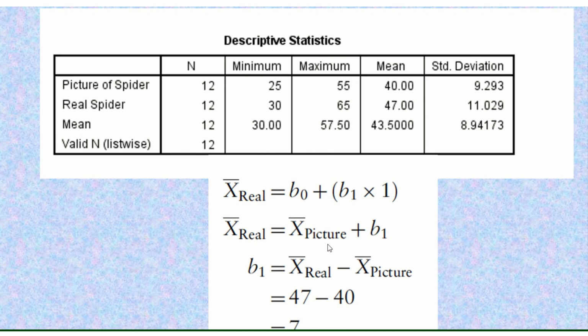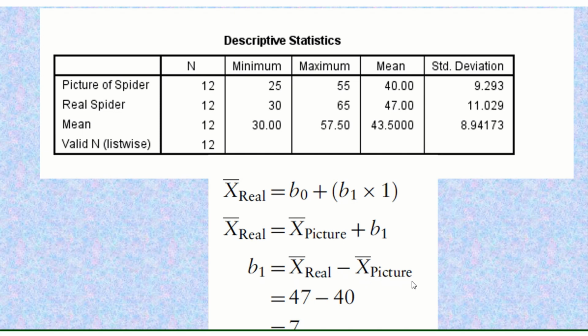Now, next step is that we will be transposing the mean of the picture to the other side of the equation. Therefore, b sub 1 is equal to the mean of the real spider minus the mean of the picture.